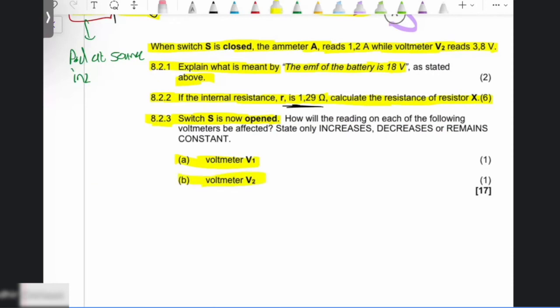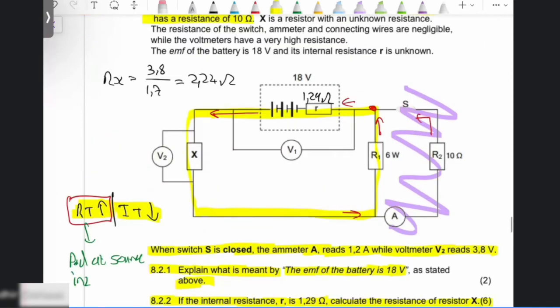What is going to happen to V2? Where is V2 here? Now, basically we're going to have less current, right? We're going to have less current flowing here. So for us to find out what this V2 value is going to be, its voltage is equal to I times R. Now the resistance is constant.